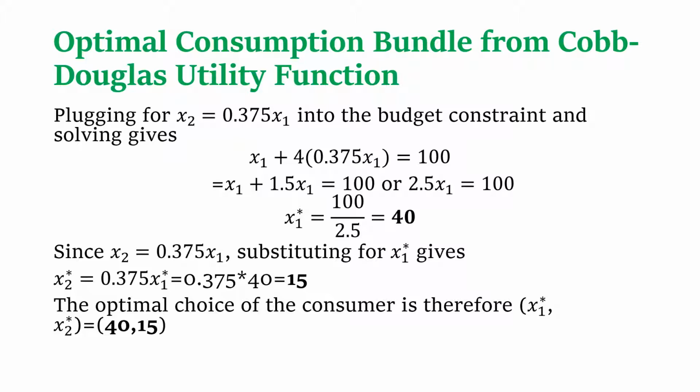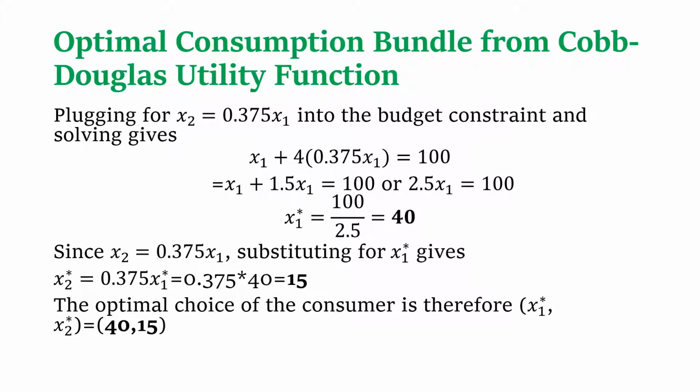You know the budget constraint is x1 plus 4x2 equals 100, right? Now we are not going to say x2 anymore. We say 0.375 x1 because x2 is equal to 0.375 x1. Plug that in there, and that gives us x1 plus 1.5 x1. You see, 4 times 0.375 becomes 1.5 x1, right?